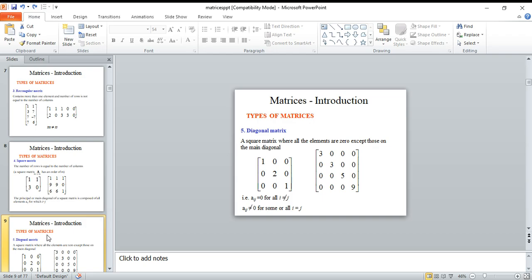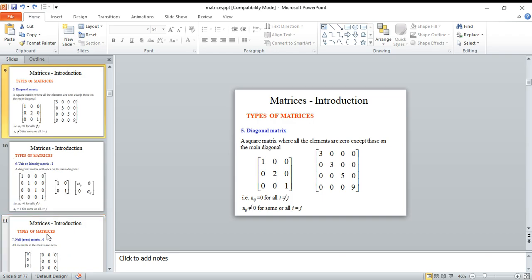This type of matrix, all elements 0 except diagonal elements. Simple. All elements 0 except diagonal elements is called the diagonal matrix. Aij equal to 0 for all i not equal to j. Aij not equal to 0 for some or all i equal to j. Diagonal matrix is completed.